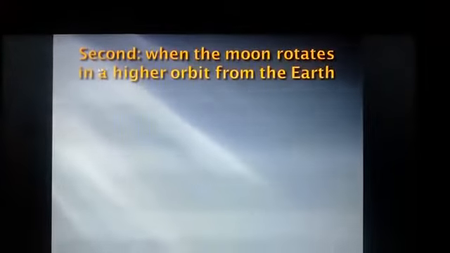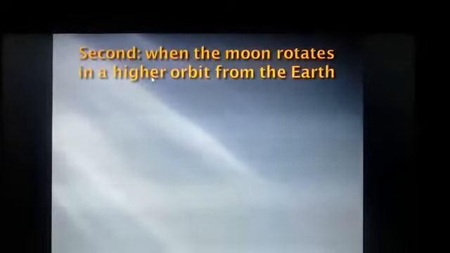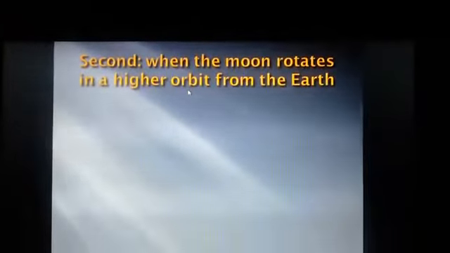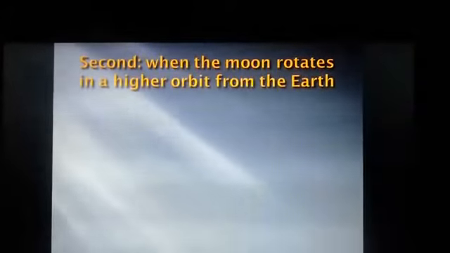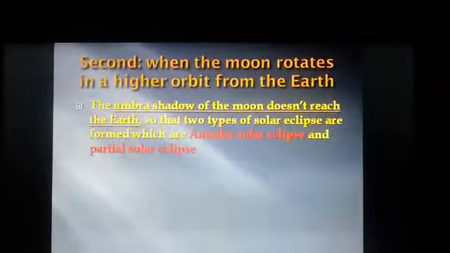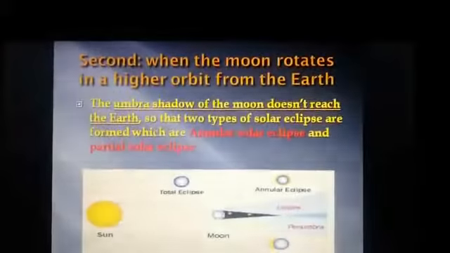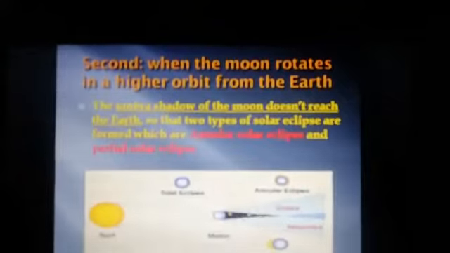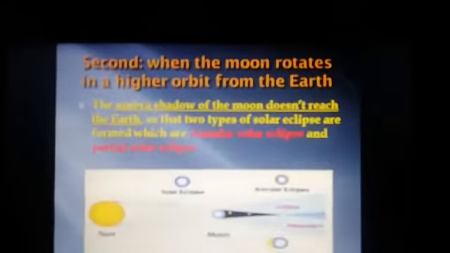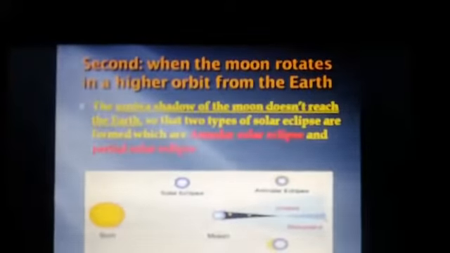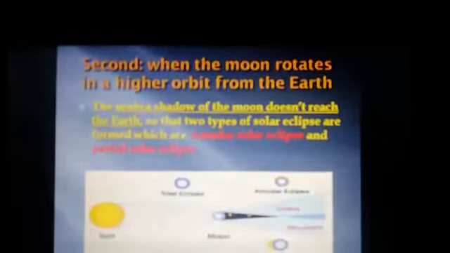In the other case, the moon rotates in a higher orbit from the earth. Higher orbit means the moon rotates far from the earth, and when it comes between sun and earth on one straight line, it forms two types of solar eclipse. Here, the umbra of the moon doesn't reach the earth, and people on the earth will see the sun as a lighted ring.